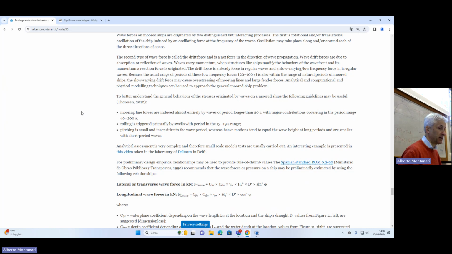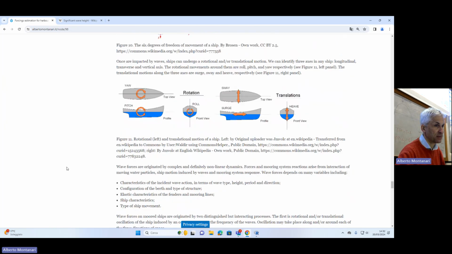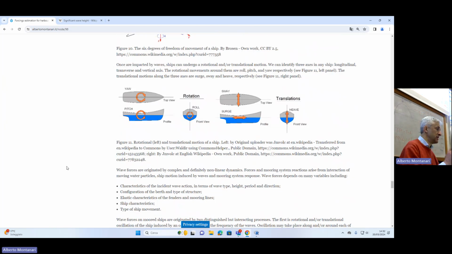So if you look at these movements, roll, it's clear what the characteristic period of rolling of the ship is. It's short because it's a movement that doesn't involve a large displacement of the ship. It's a movement around the longitudinal axis, so it's quite frequent.